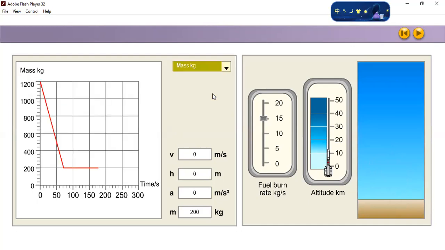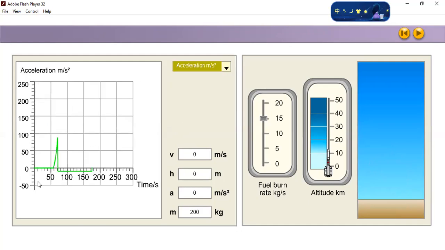The mass reduces. Why? Because burning of the fuel reduces the total weight. Acceleration: it accelerates, and after that there is no more acceleration.